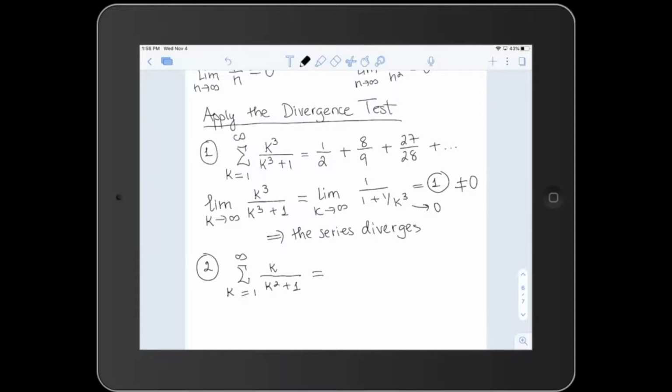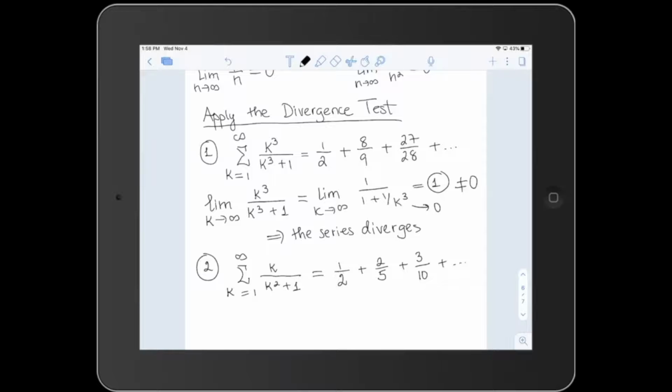Again, it's a good idea to write out a couple of terms. So I have 1 over 2 plus 2/5, and then k equal to 3 would give us 3 over 10, and so forth.